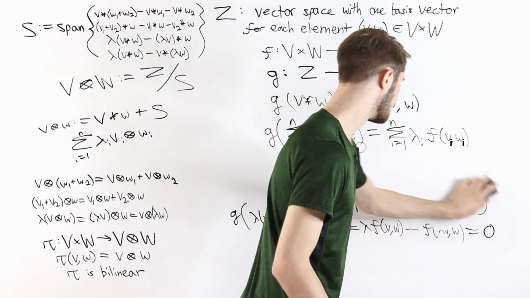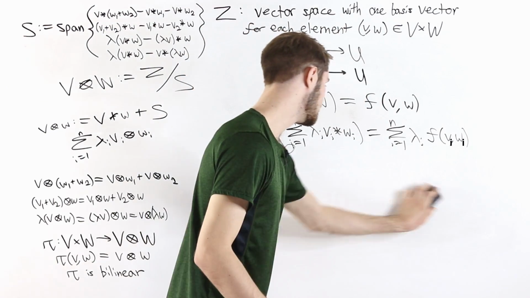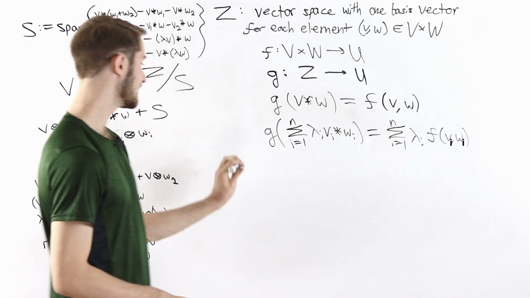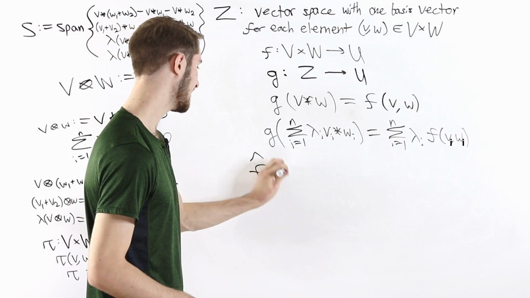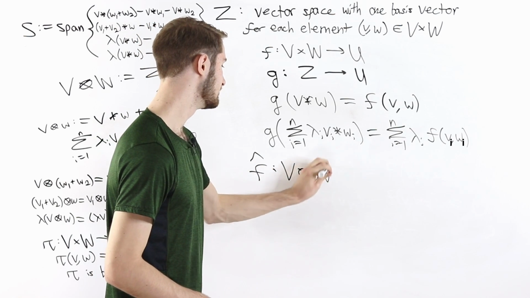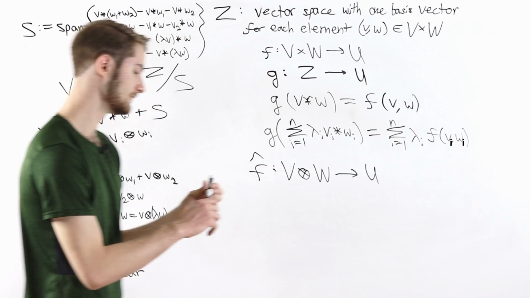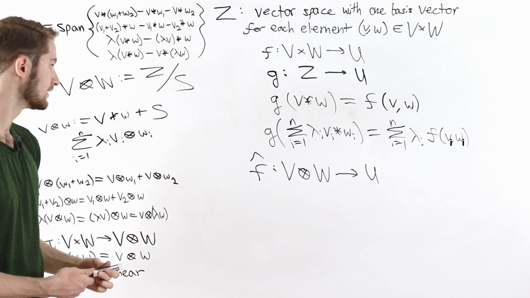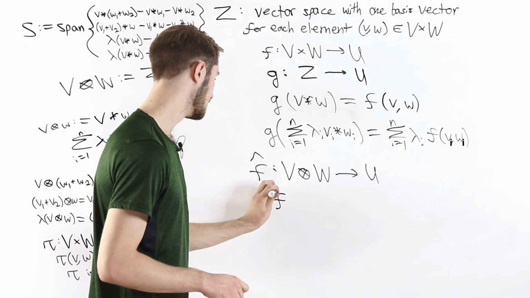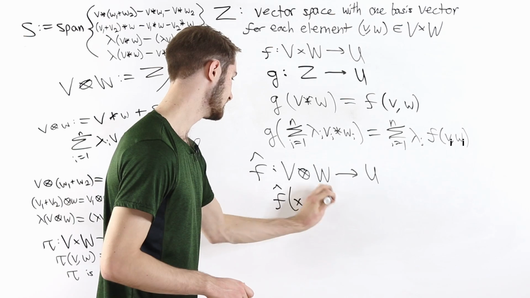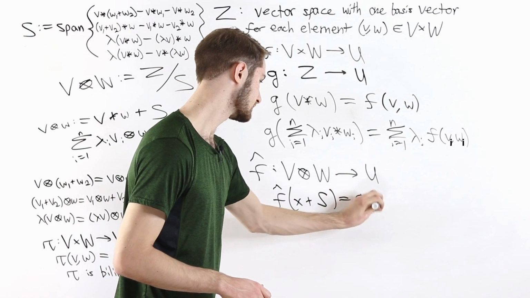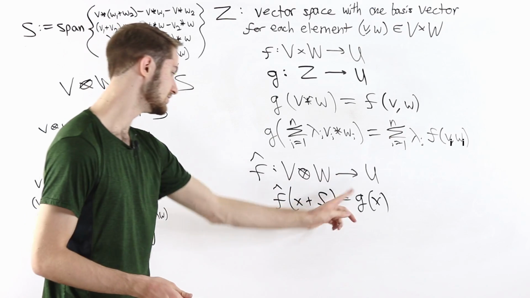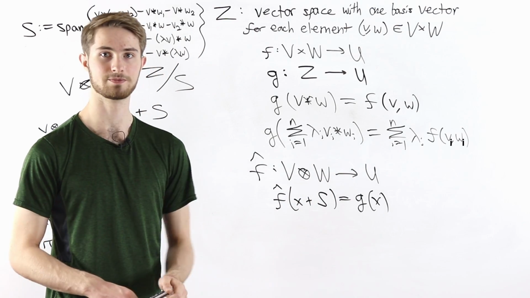By our reasoning from before, if we have a linear map g on the original space Z that's 0 on S, that gives us a well-defined map f hat on the tensor product V tensor W to U, because V tensor W is that quotient Z mod S. And the way that we define f hat on some coset x plus S is just by saying f hat of x plus S equals g of x, which is well defined because g is 0 on the elements of S.